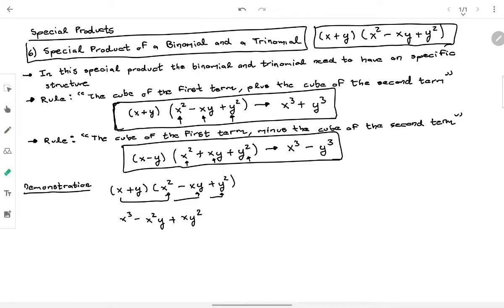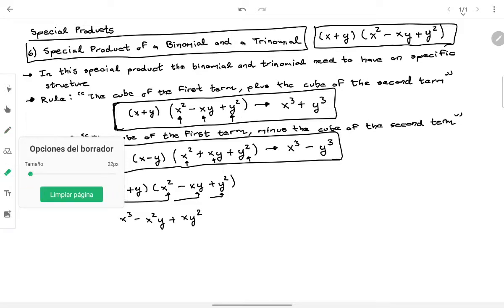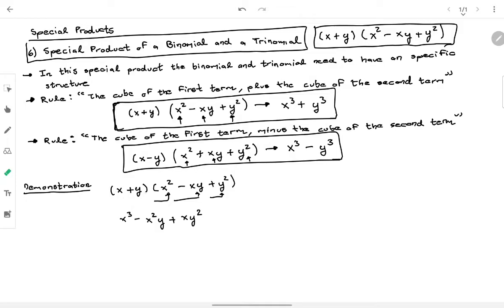Then we need to do the same with the second term, multiplied by all the terms in the second parenthesis. So it will be plus x squared y minus xy squared plus y cubed.